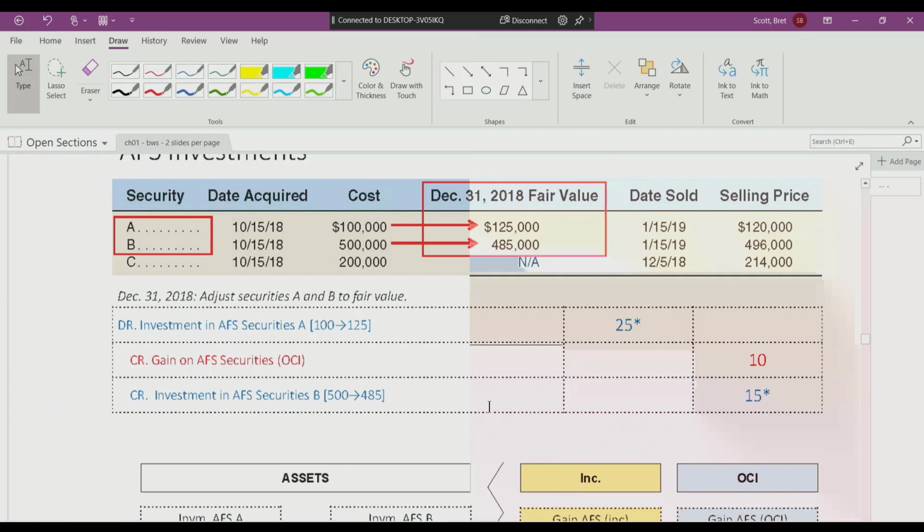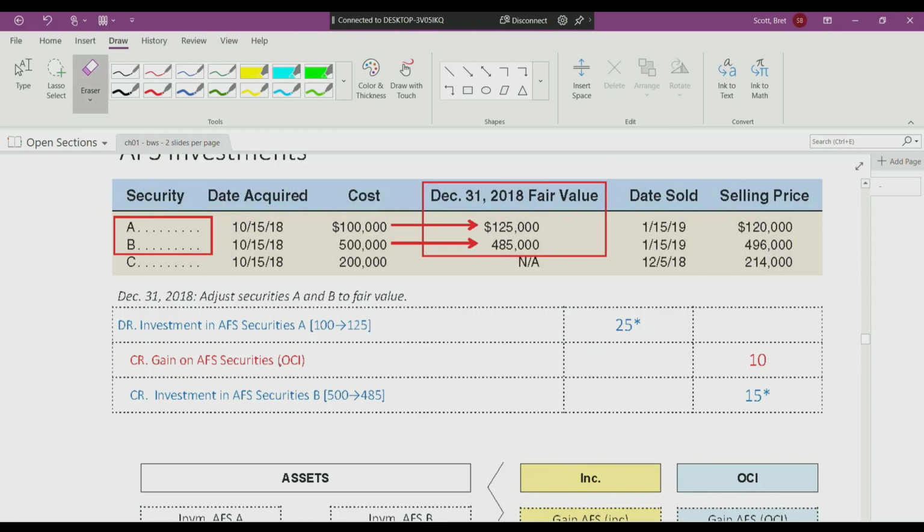Instead of crediting a gain on AFS securities that affects income, we're going to credit gain on available for sale securities that affects other comprehensive income. This is the primary difference in these examples.